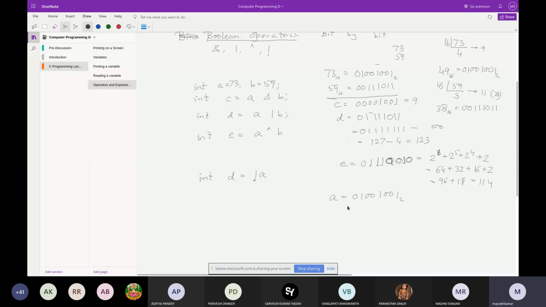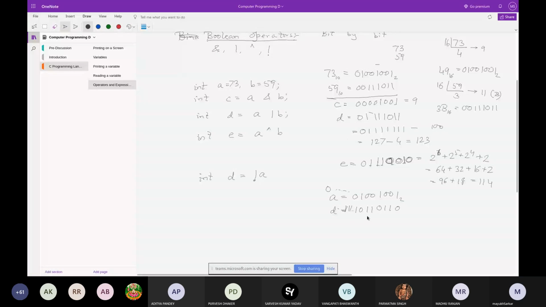So if you do the NOT, what you will get is 1 0 1 1 0 1 1 0. Now, here I have written int, so in fact this will be expanded to 32 bits, and there will be 24 more ones in front of this.